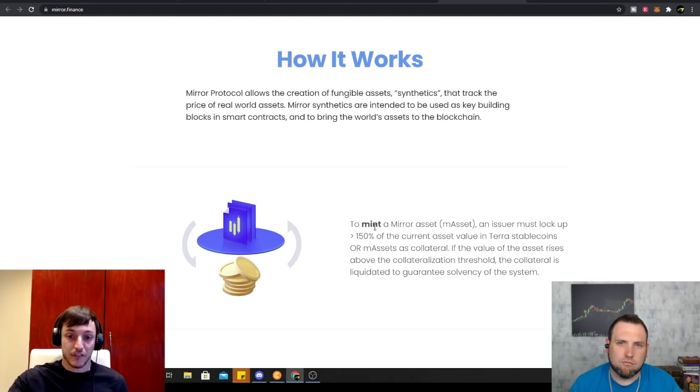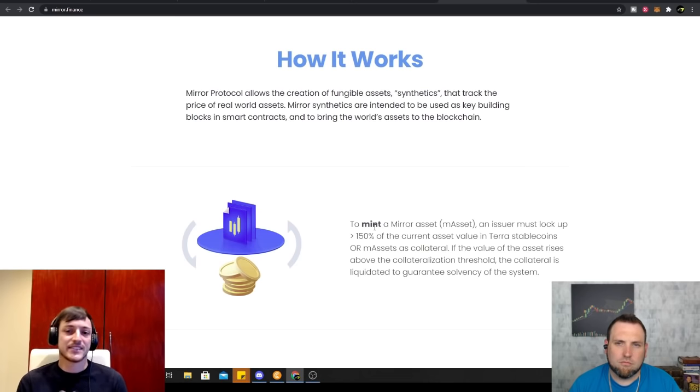So you can get a derivative of a stock, which is produced through a crypto application, such as Mirror Protocol. And it's kind of interesting. It means that people in the crypto space can get exposure to markets outside of the crypto space. And it's all done by code, of course, the way these assets mirror the value of, say, stocks.